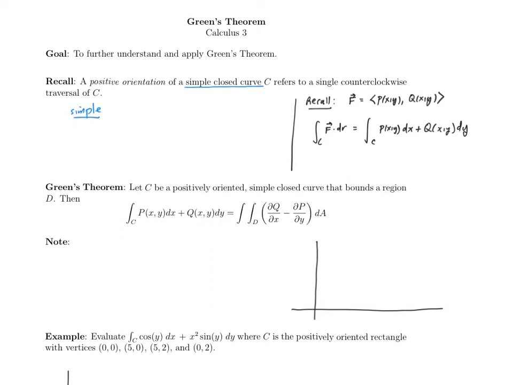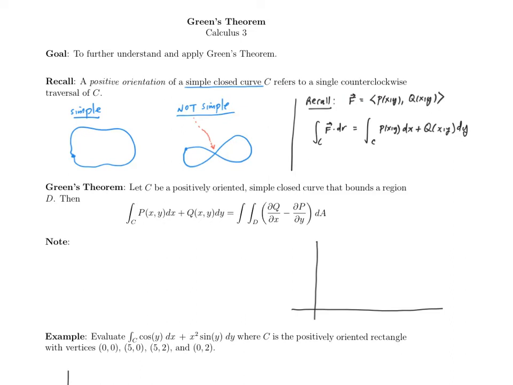So an example of a simple closed curve would be a loop that starts and finishes in the same point. Something which is not simple would be a curve that intersects itself. So if we had a closed curve that looks kind of similar to, say, a figure 8, that would not be simple. And the reason that it is not simple is because of the point where the curve intersects with itself.